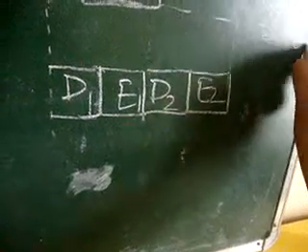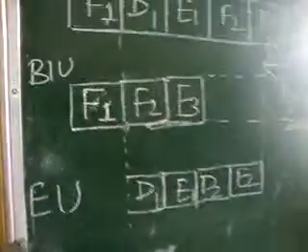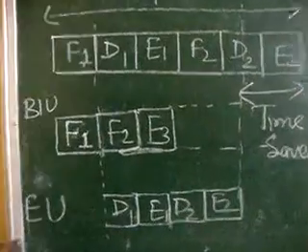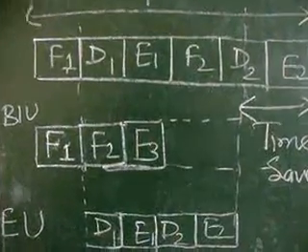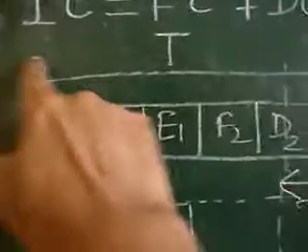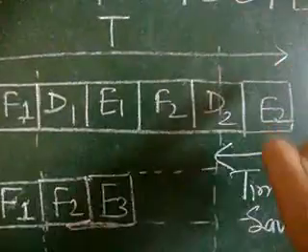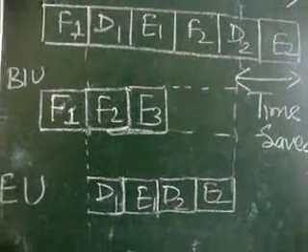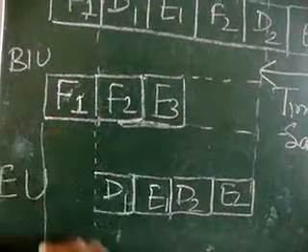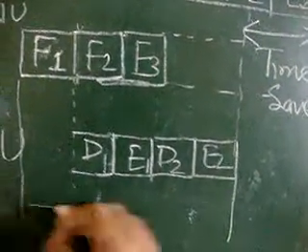How is it saved? As you see, without pipeline architecture, if we don't use pipeline architecture, then the total time required is this, from here to here. And if we use pipeline architecture, then the time required for the execution of two instructions is this.